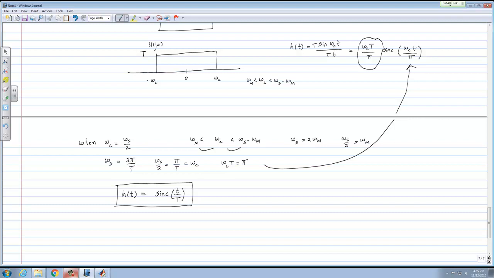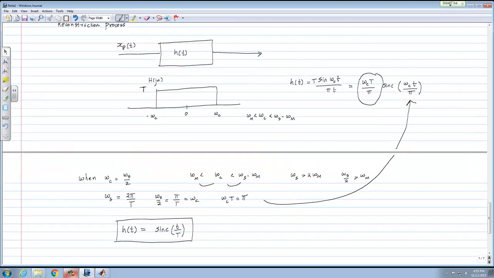Okay, so let's recap what that means. I go back into my picture here. It means to reconstruct my x of t from x sub p of t, I take my x p of t and run it through a filter whose impulse response is sinc of t over T. Then I'm guaranteed to get my x of t at the output.